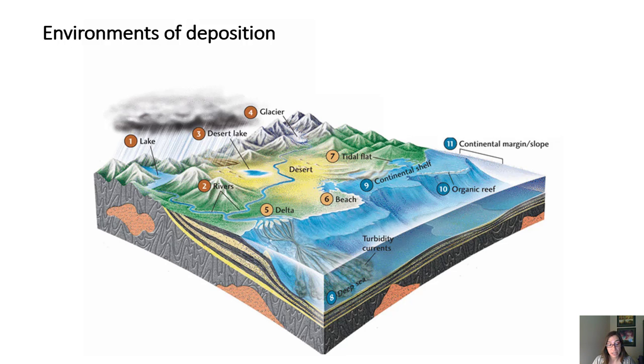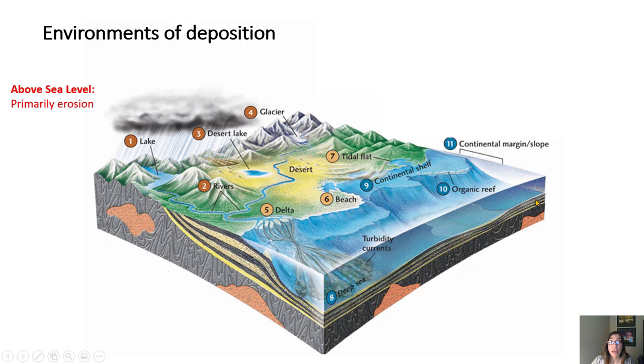We can find a cross-bedded sandstone at the beach, depositional environment number 6, in rivers, as we just mentioned, the fluvial facies, in delta environments, number 5 here, in tidal channels, like number 7, and in wind-deposited dunes in the desert. So we need to learn a little bit about these different environments of deposition to know what sort of descriptive facies fit within each one.